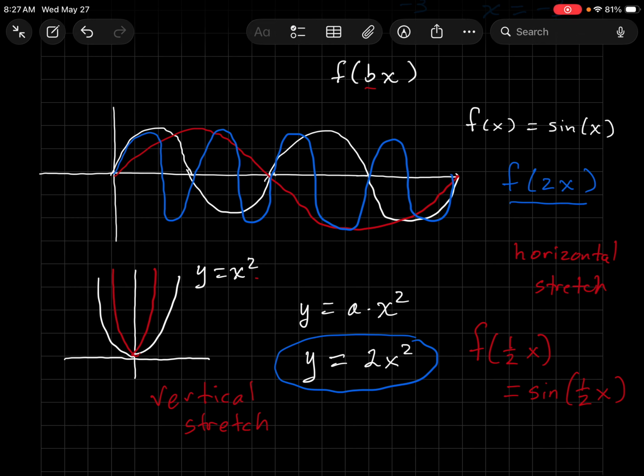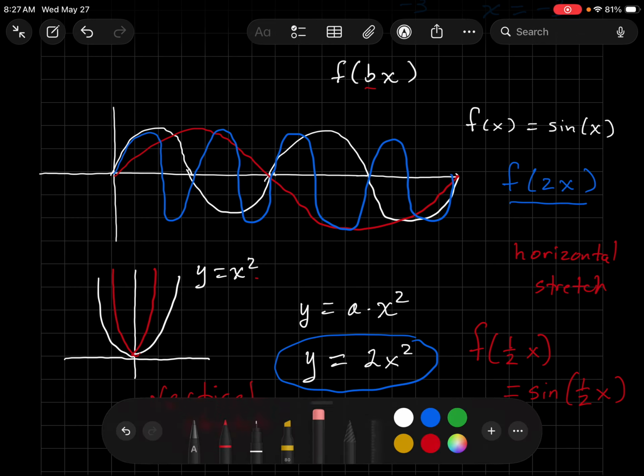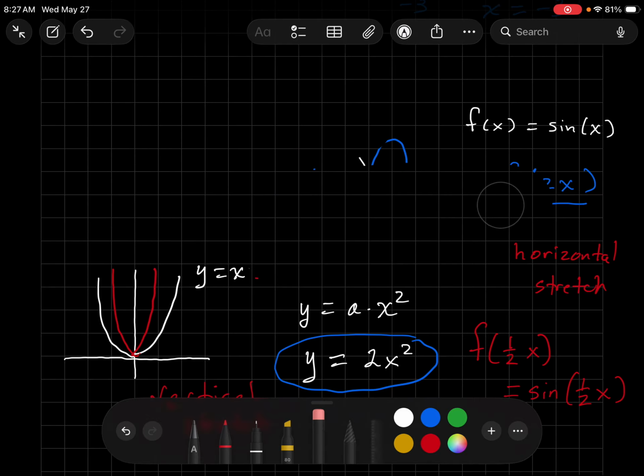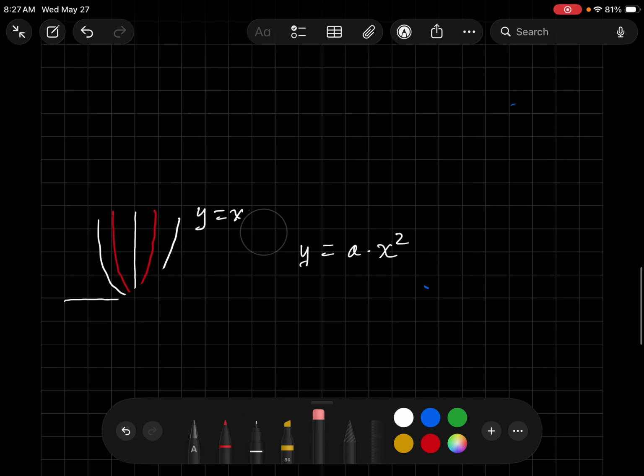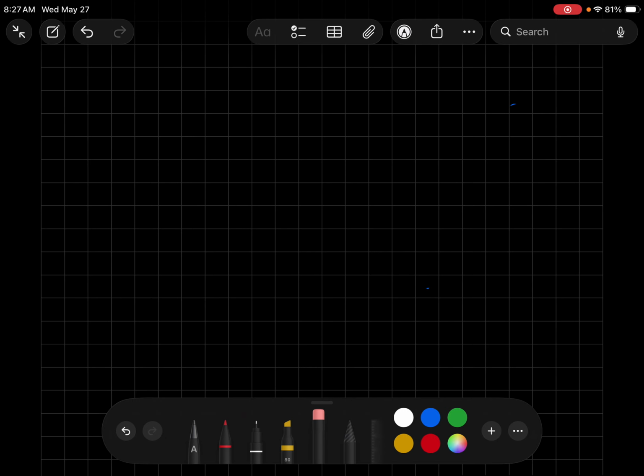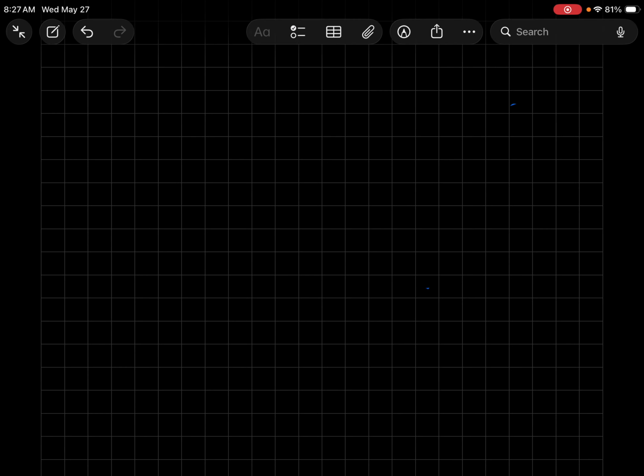Now, let's give ourselves a little bit of space here. And let's see what happens when we make things negative. And once again, we want to compare what we're doing to what we learned when we were doing stretchers or things that affect the y.